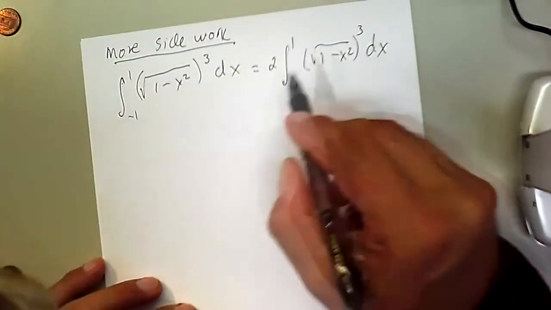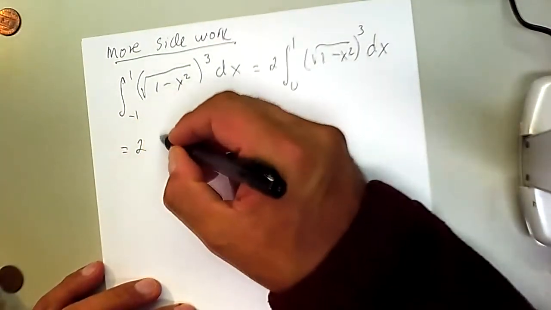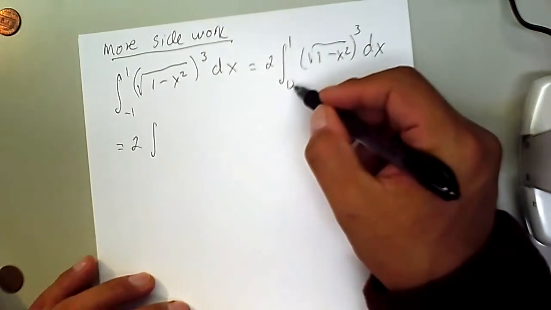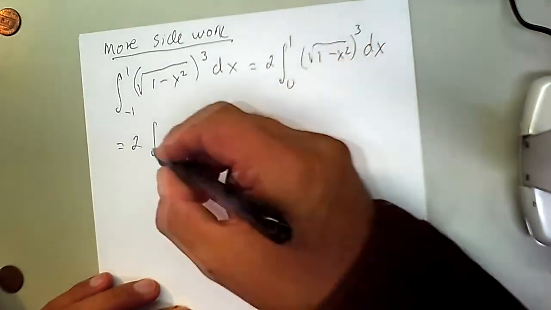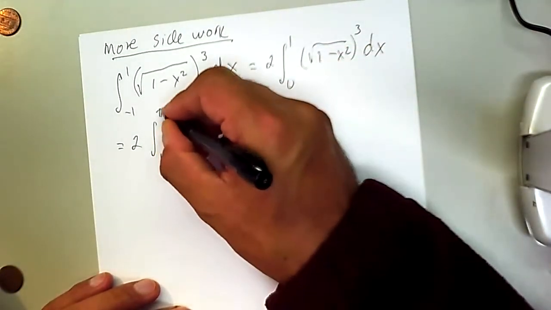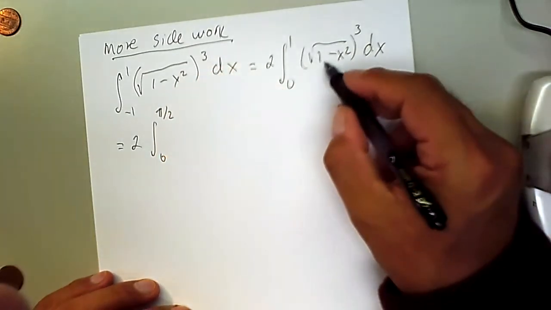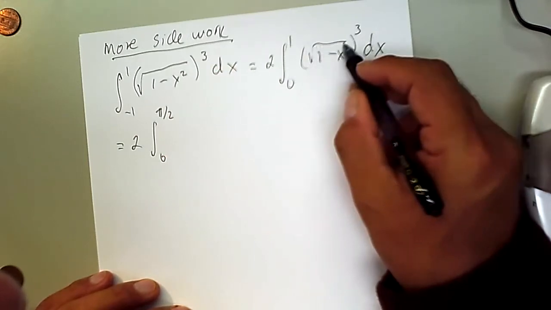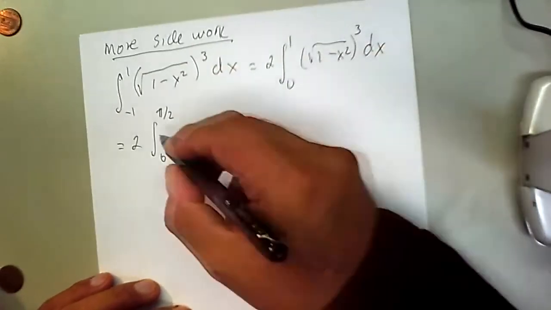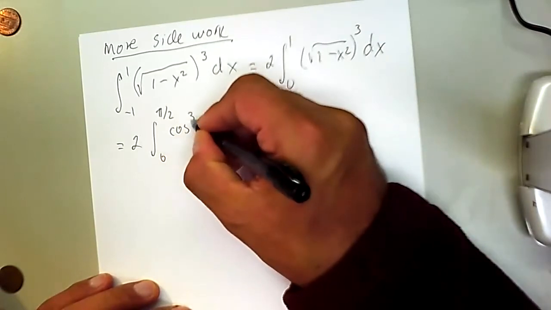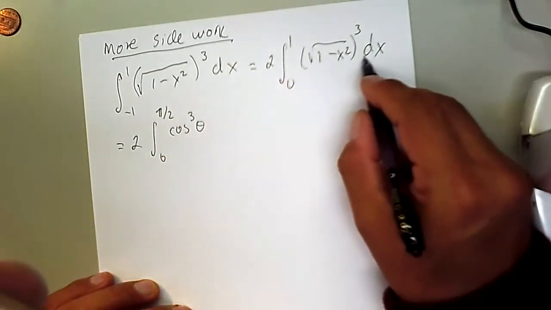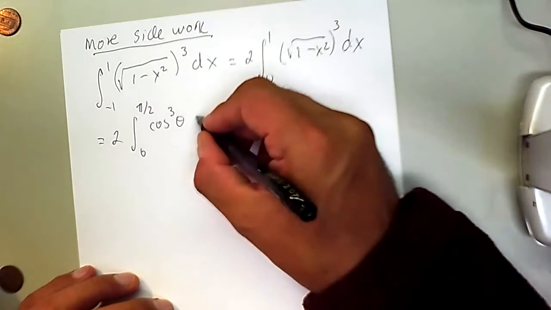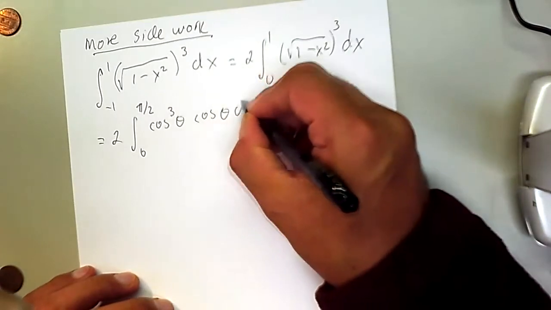So this is twice the integral. We're going to go from 0 to pi over 2. And then sine squared, 1 minus sine squared is cosine squared. Root of that is cosine. But then we're going to cube it. Cosine cubed theta. And then dx is cosine of theta d theta.